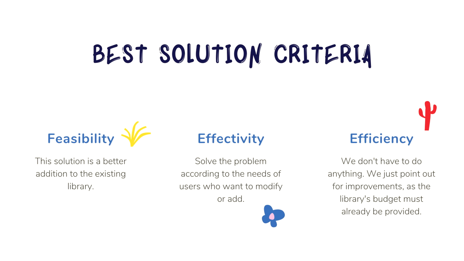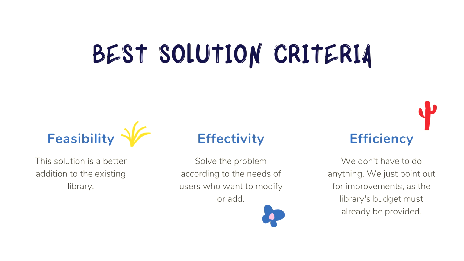Best solution criteria. We designed to use these three criteria as the standards of solving problems, which are: first, feasibility. We use the current library as our framework. This solution is a better addition to the existing library. And second, effectivity.